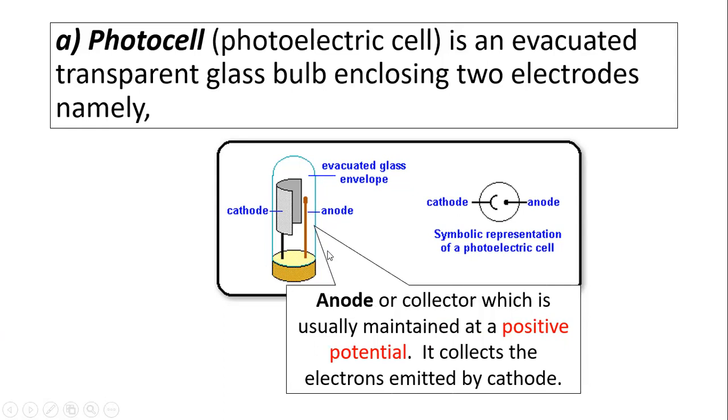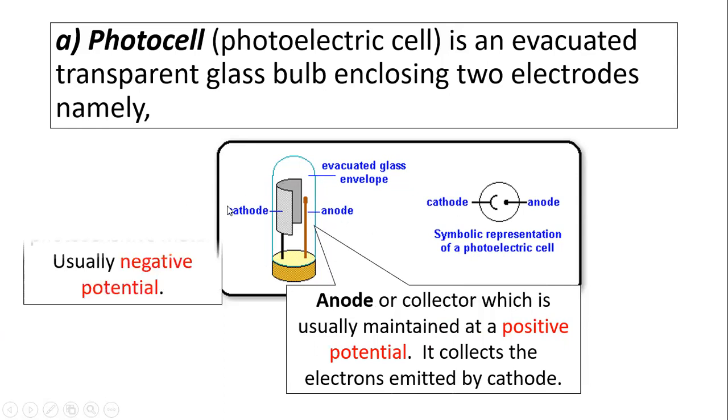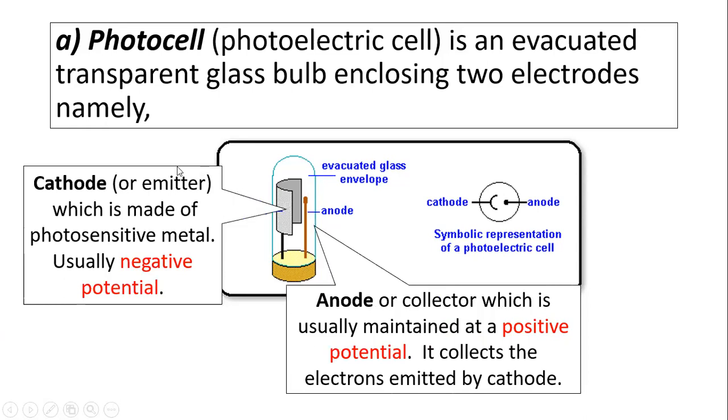It collects the electrons from the cathode. And there's your cathode, or sometimes we call it the emitter, which is made of photosensitive metal, usually at negative potential. So the cathode we call the emitter because it gives out electrons.